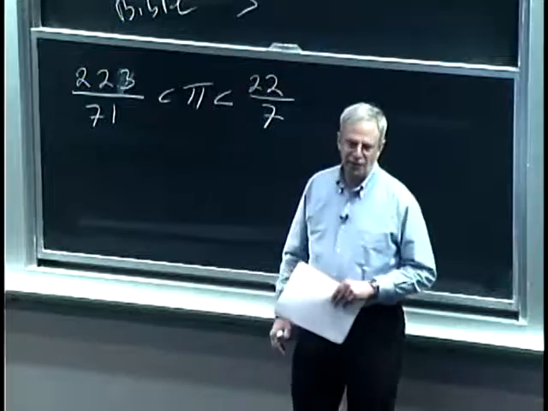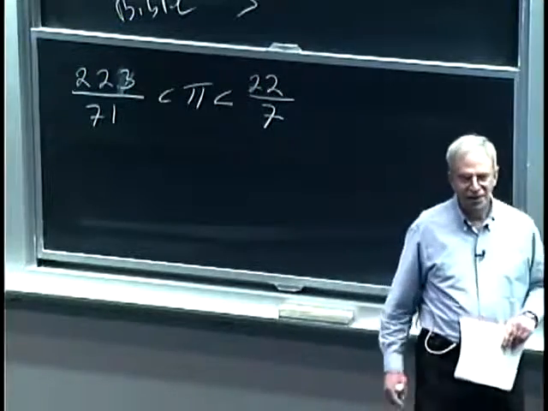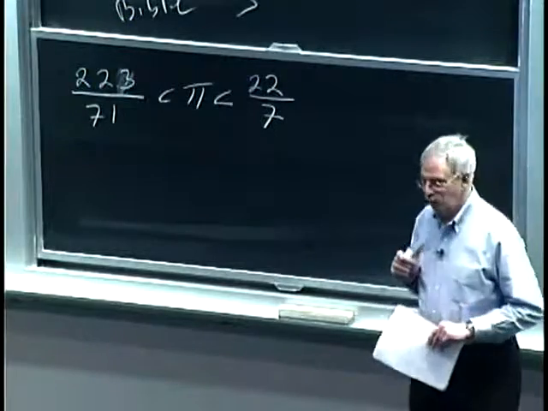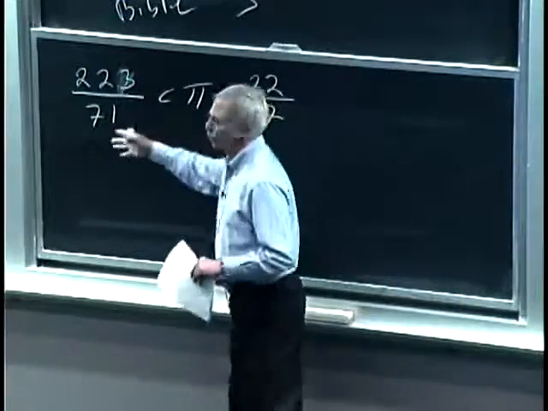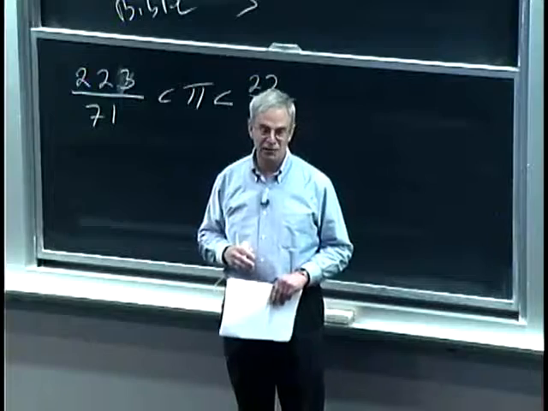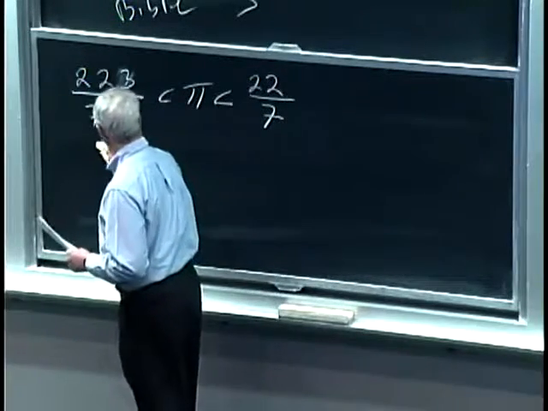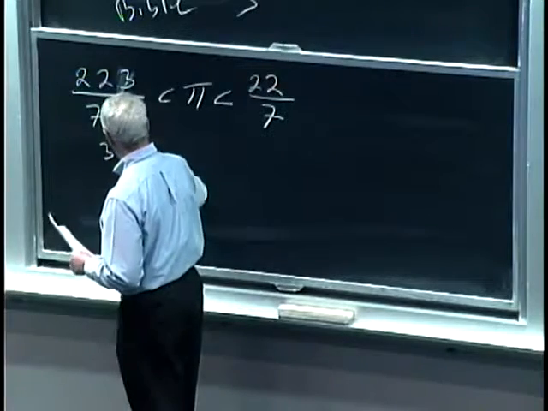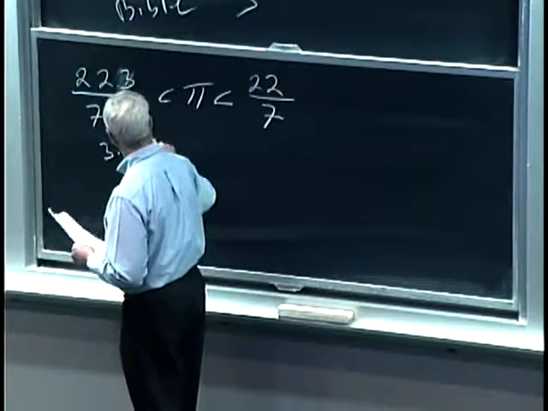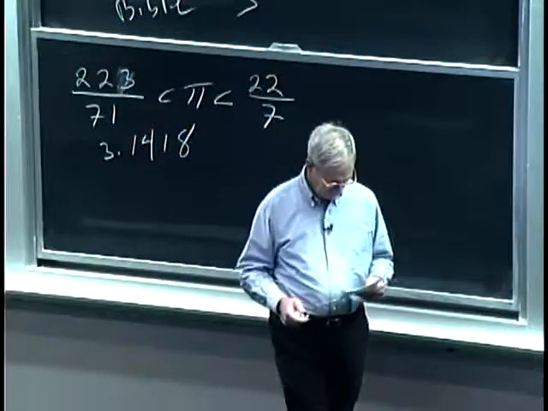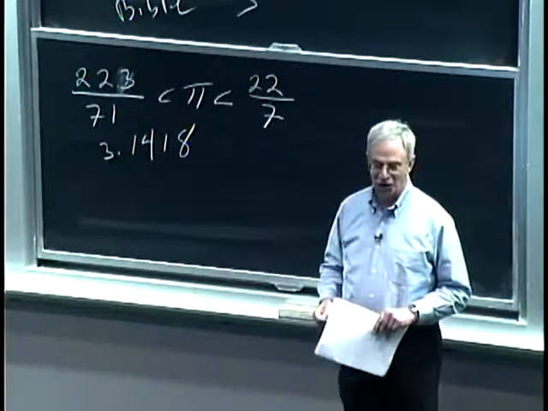This was amazingly profound. He knew he didn't know what the answer was, but he had a way to give an upper and a lower bound and say it was somewhere between these two values. And in fact, if you calculate it, the average of those two values is 3.1418. Not bad for the time.